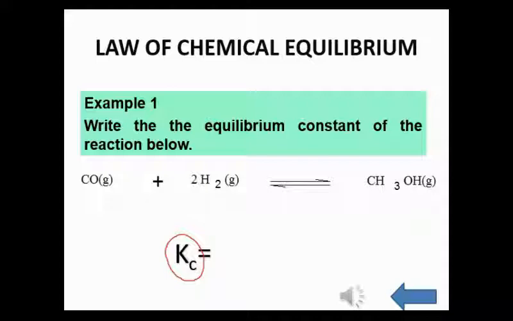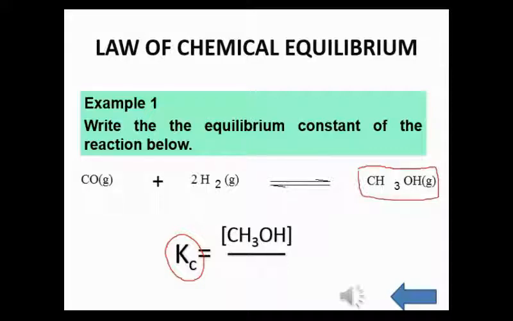Now our product is here, CH3OH. So let's put it in the form of concentration, in square brackets: the concentration of CH3OH. We only have one product, so directly to over.